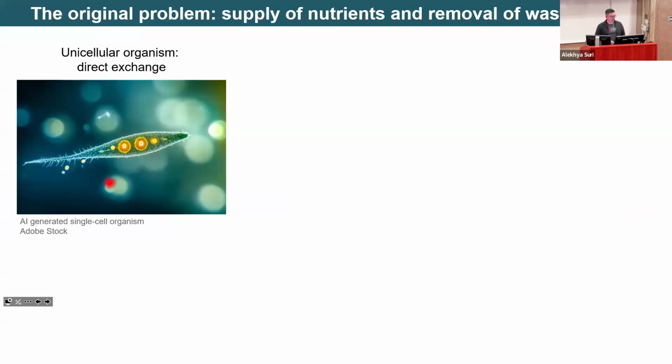So take, for instance, this hypothetical unicellular organism, right? This is a stock AI generated picture, so this does not really represent any single particular organism, but think of something that's a single cell swimming in the ocean, doing what it does, right? This living organism requires the same things that humans do, right?